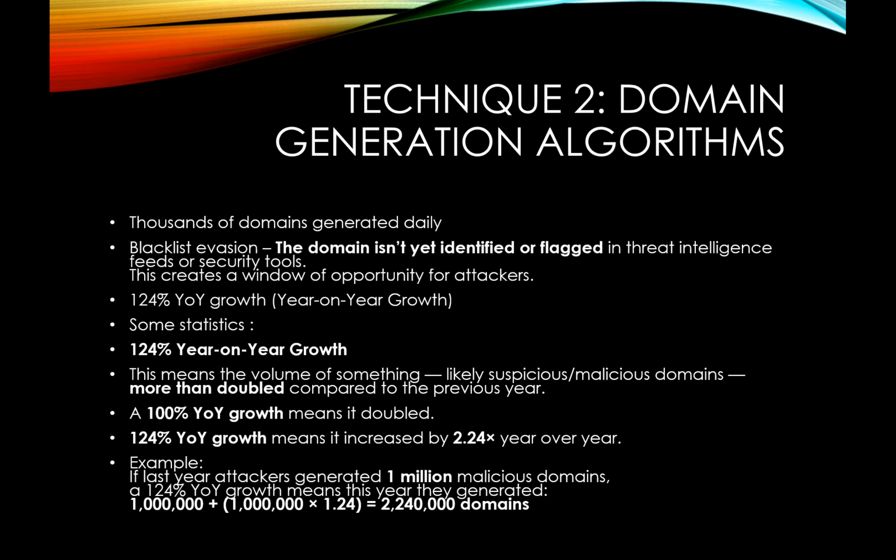124% year-on-year growth. Some statistics: 124% year-on-year growth means that the volume of likely suspicious or malicious domains more than doubled compared to the previous year. 100% year-on-year growth means the attack statistics almost doubled. 124% year-on-year growth means it increased by 2.24 to the power x, or times, year over year.